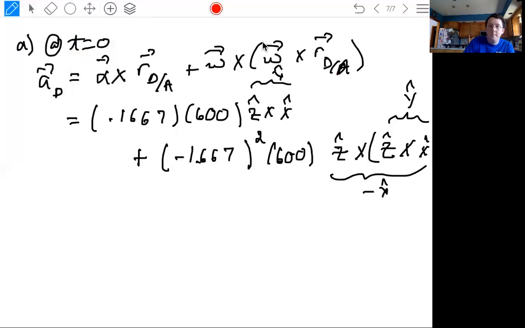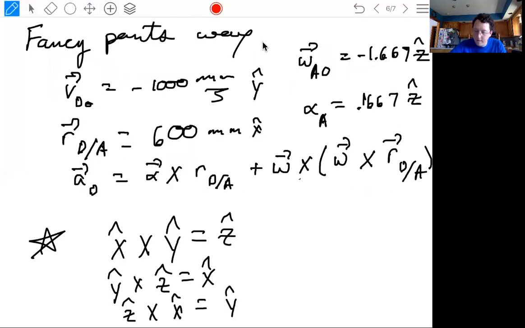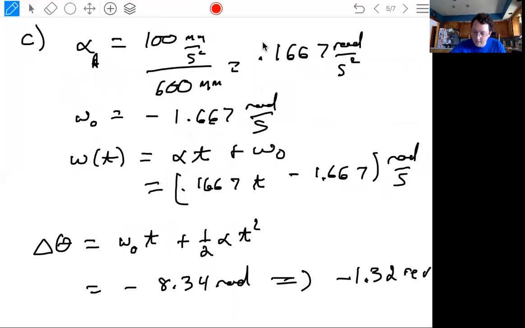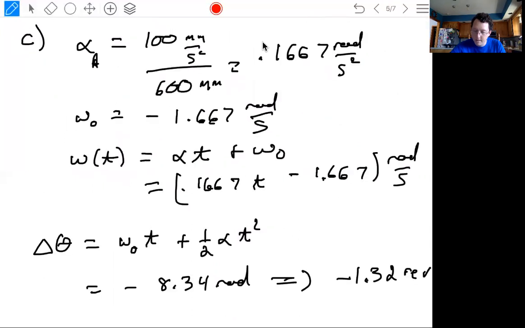So in the end, I get that the acceleration equals 100 millimeters per second squared y hat minus 1667 millimeters per second squared x hat, which is the result we had before doing it the physics 1 approach, way back a couple slides. There you go. Same answer as we would have done in physics 1.